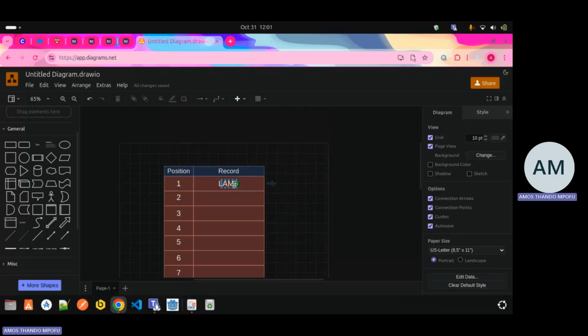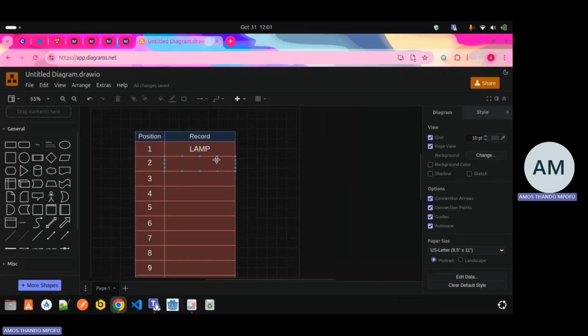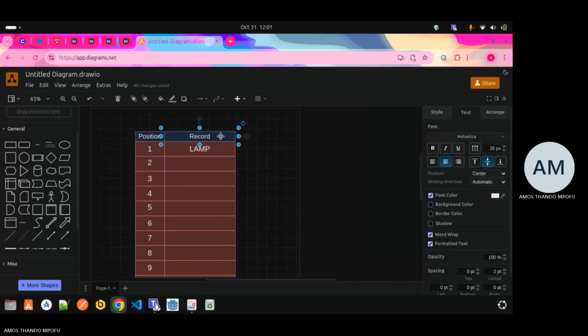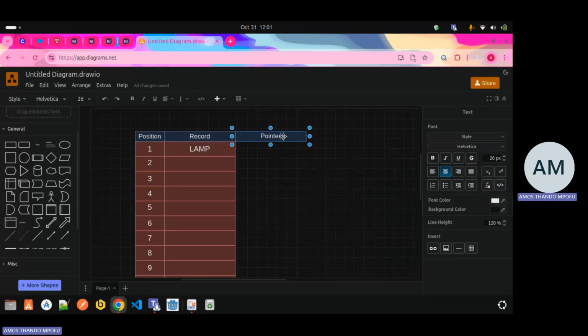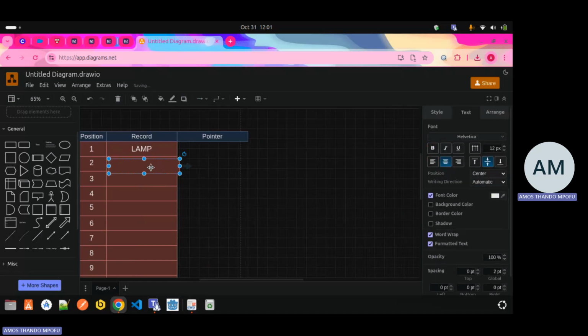So I'll leave lamp because I want to use that. Let's start here. Remember synonym chaining? You need to have a pointer column here to help you point to that other record.